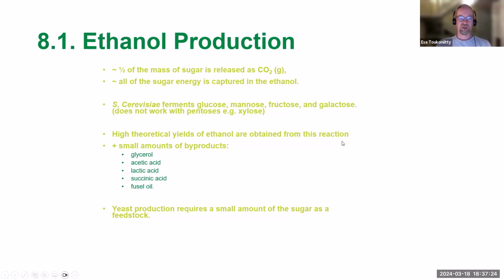But what I mentioned, that one can genetically modify these yeast organisms so that they'll also digest and convert pentoses into ethanol. That's kind of modern process development in that sense.